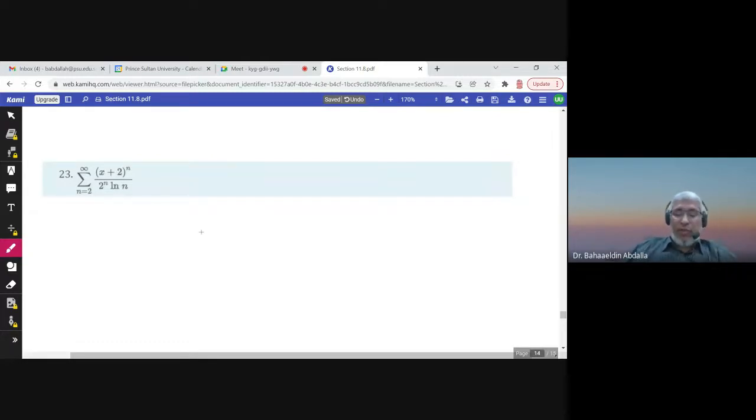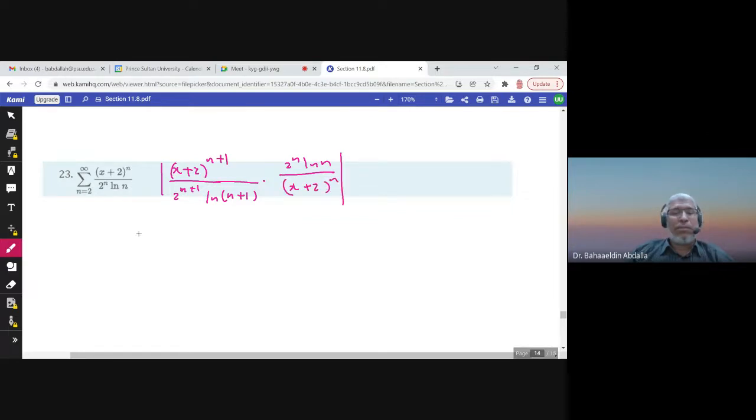Let us use the ratio test. Some cancellations.